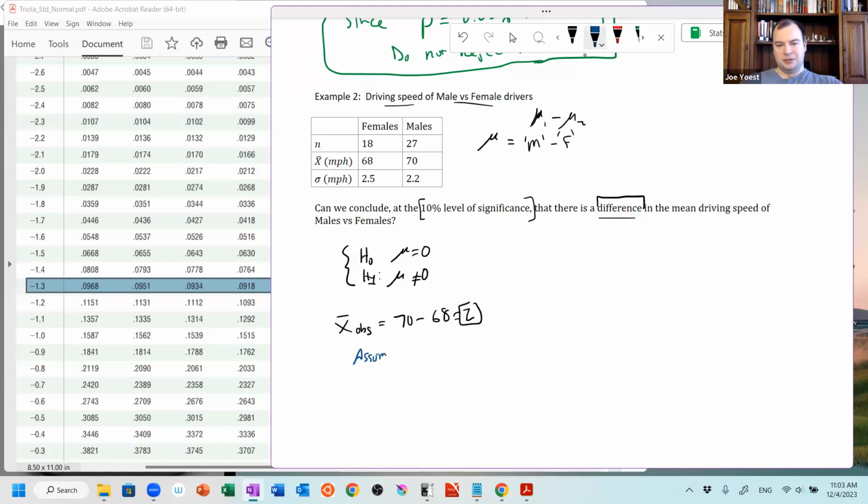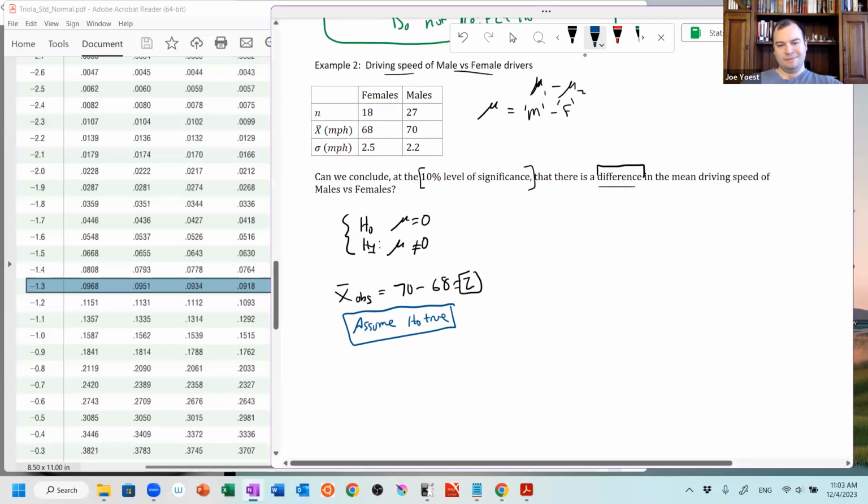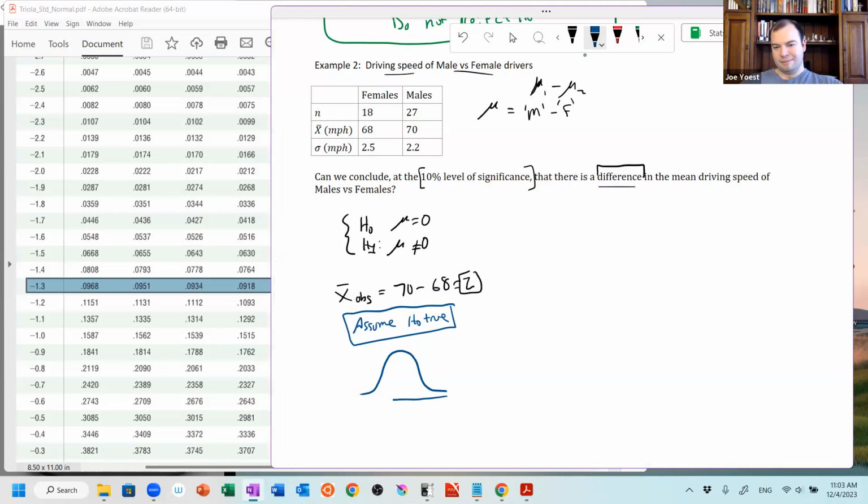And as always, let's assume that H0 is true. If H0 is true, then mu is 0. So X bar, the random variable X bar, which would be X bar 1 minus X bar 2, or X bar for the males minus X bar for the females, that's centered at 0.